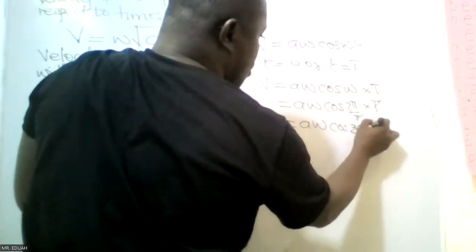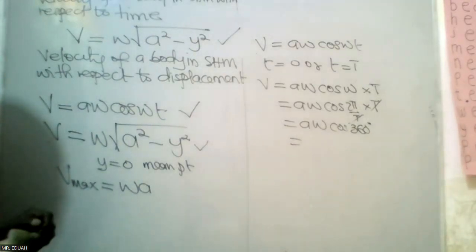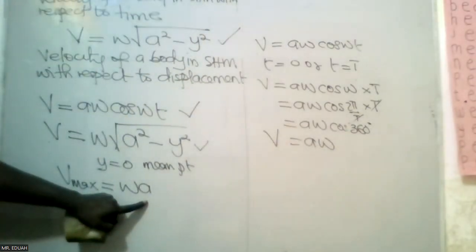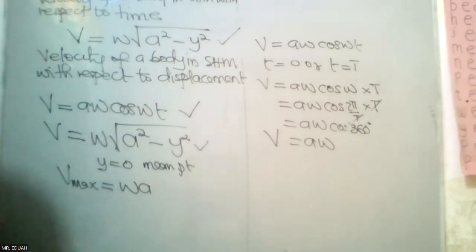So you have cos of 360, and the cos of 360 is 1. Therefore, V is equal to A omega, the same as what we had here. So maximum velocity occurs at the mean point.